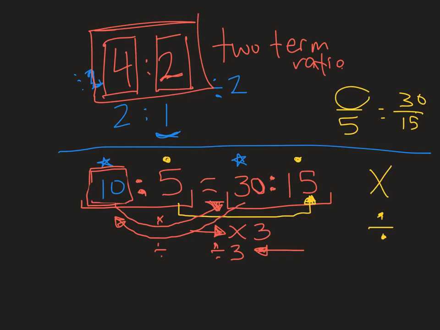So if I want to take a fraction or a ratio, in this case a ratio, and I've got it in its lowest term form, because again, I don't want to reduce that one down any further, what I'm going to do is scale it up by a factor of 4.